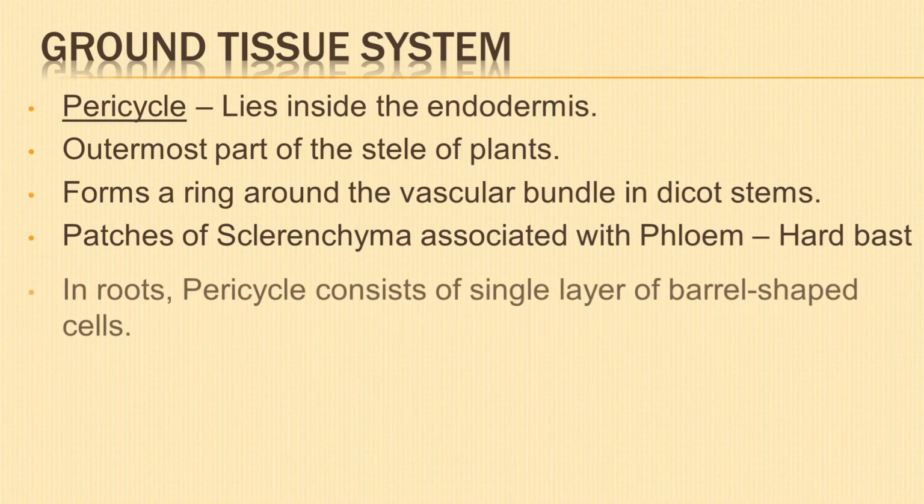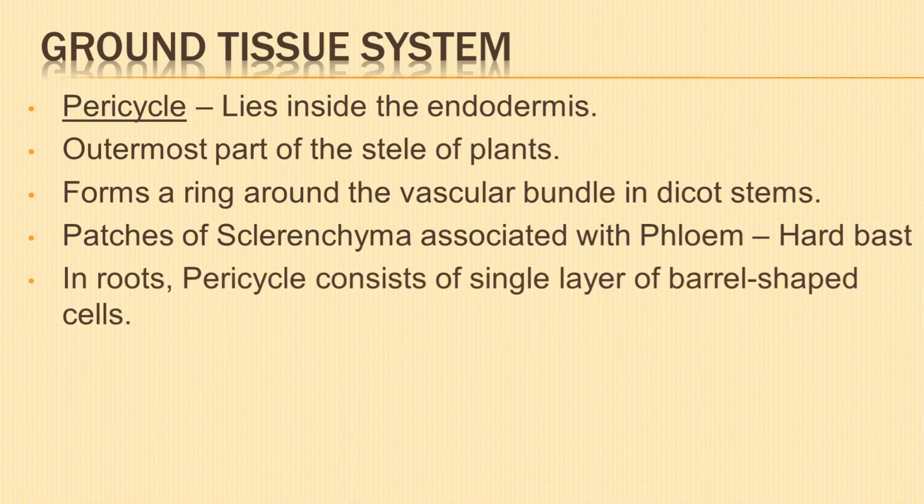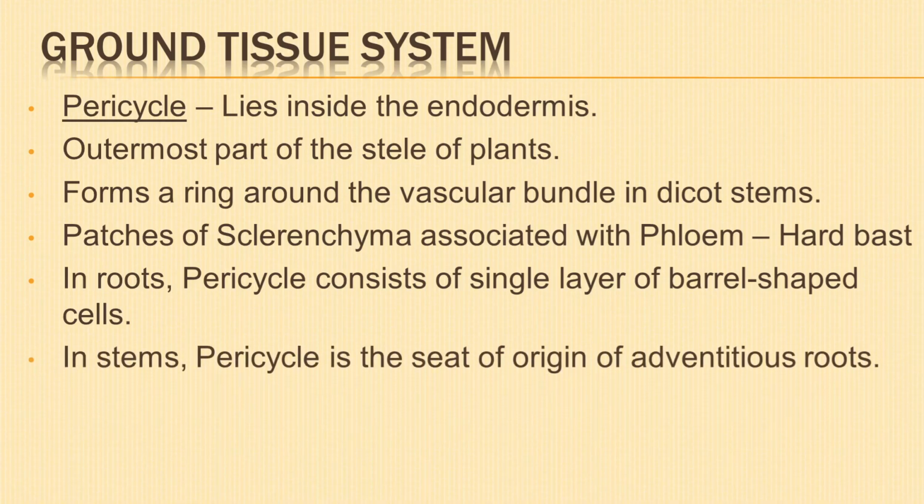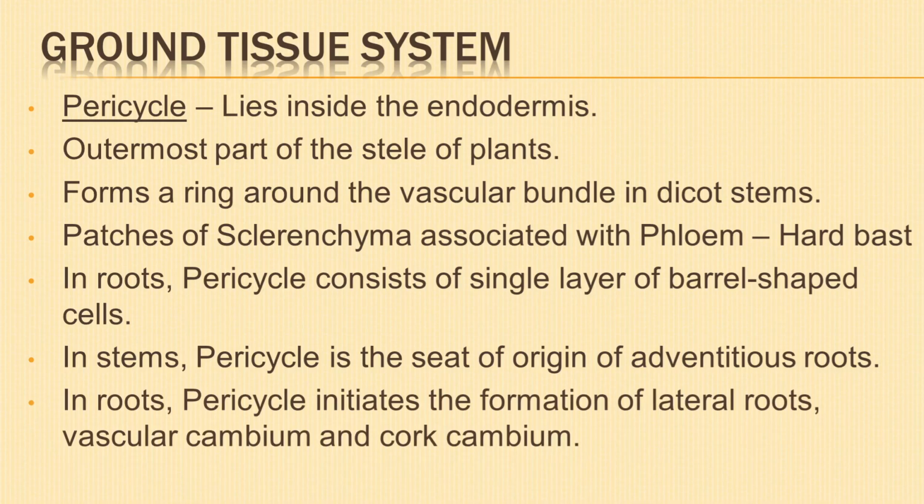In roots, there is only a single layer of pericycle made up of thin-walled, barrel-shaped cells. In all stems, the pericycle is the seat of origin of adventitious roots. In roots, pericycle initiates the formation of lateral roots, vascular cambium, and cork cambium.